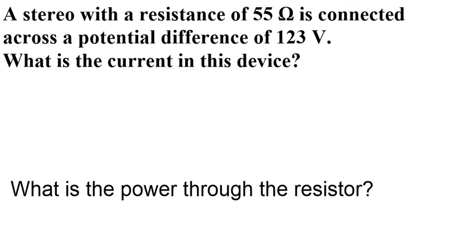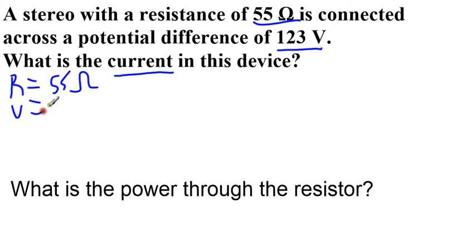A stereo with a resistance of 55 ohms is connected across a potential difference of 123 volts. What is the current in this device? So we have our resistance, 55 ohms. We have our voltage of 123 volts. And we are asked to find the current.